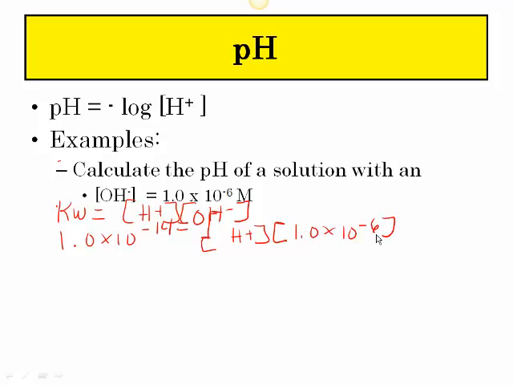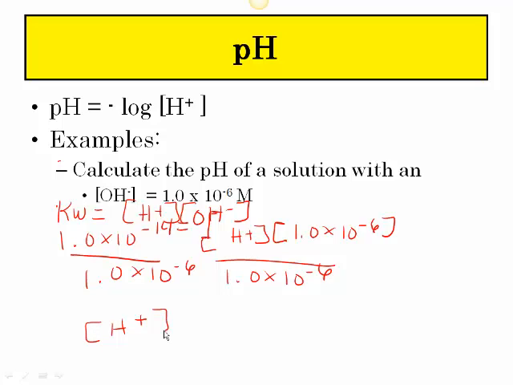So now we just divide each side by 1.0 times 10 to the negative 6th. So 10 to the negative 14th divided by 10 to the negative 6th, and so I get my hydrogen ion concentration is equal to 1 times 10 to the negative 8th, because I can't use the pH equation unless I have hydrogen ion concentration.